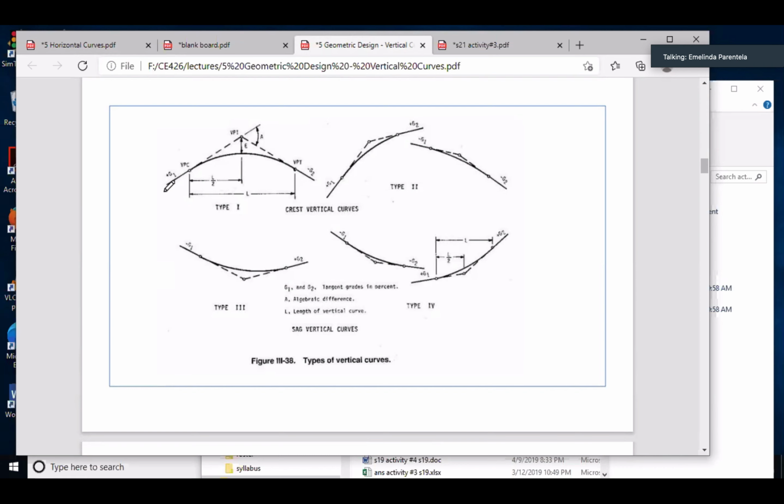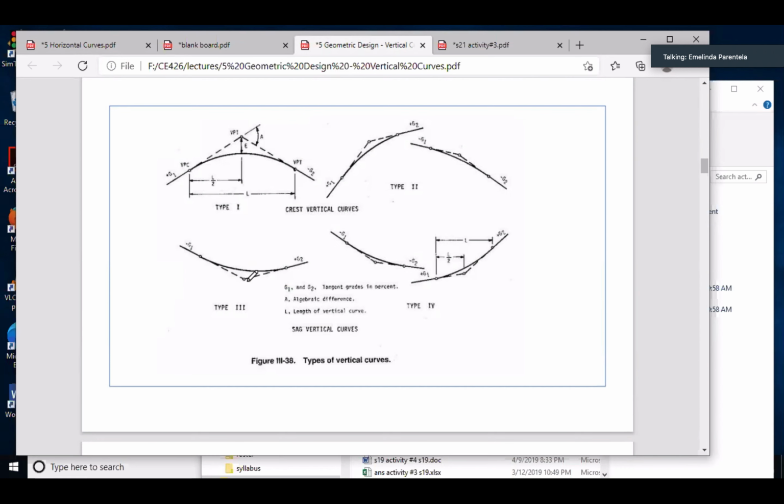This is one crest curve wherein you have a positive grade at the beginning, and then a negative grade. So positive grade meets negative grade. Whereas here, positive grade meets positive grade, and here negative grade meets negative grade. All of these are considered crest curves.